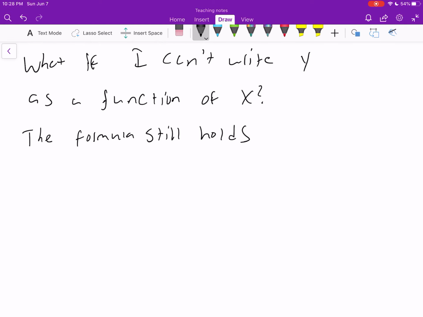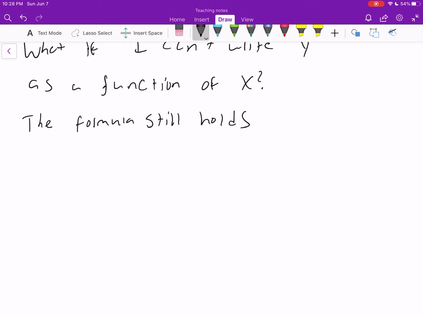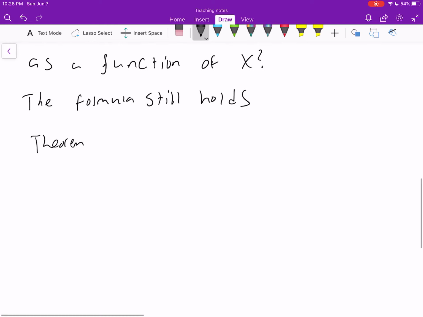It's a mean value theorem kind of proof. So then we have this theorem. This is important, I'll box it in, underline it in red or something.